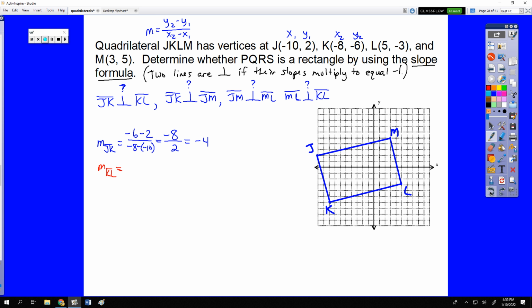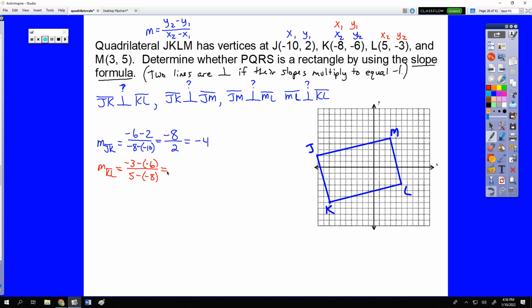Since JK is -4, KL would have to be +1/4. So we're going to do KL. K is going to be x1, y1, L is going to be x2, y2, and we're going to plug into the slope formula. That would be -3 minus -6 over 5 minus -8.